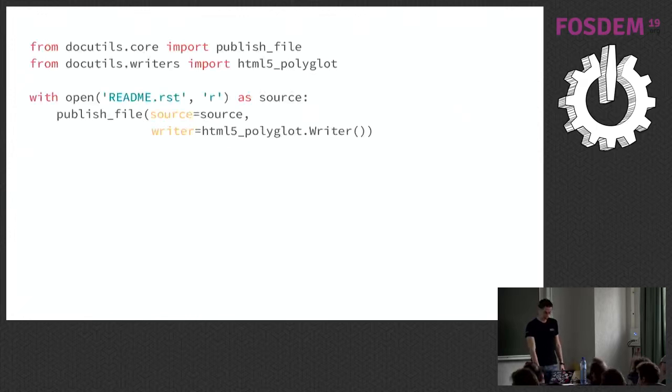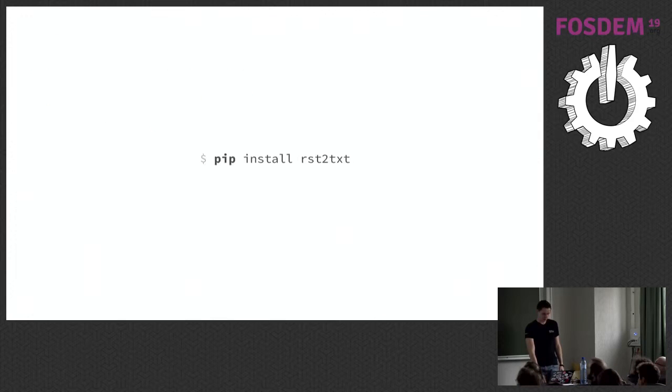You can also call all of these things programmatically if you want, which can be pretty useful if you have some external tooling that you need to call, like you don't want to be calling out to your shell. And naturally, if you wanted to do something else, so for example, the rst2text tool will take a restructured text file and it'll strip out a lot of the restructured text semantics and give you something a little bit simpler.